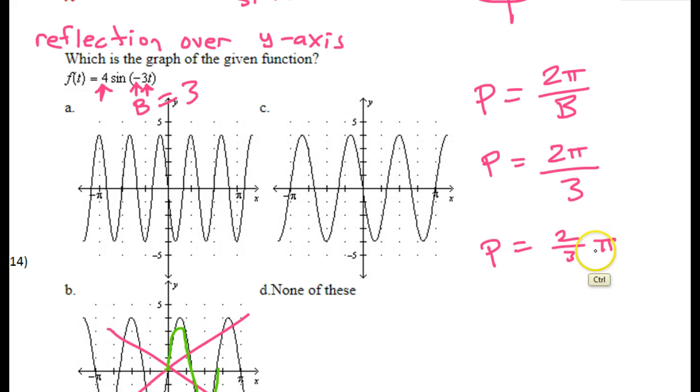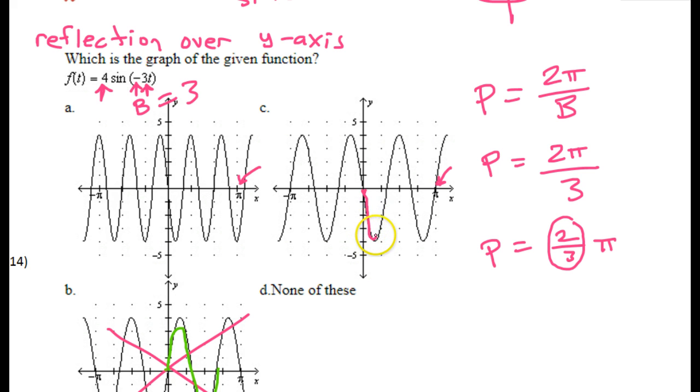All right, I'm going to look at it this way because I can see pi right here in both graphs. So which one of these graphs has the period that is 2/3 of the way to pi? So here I'm just going to trace.